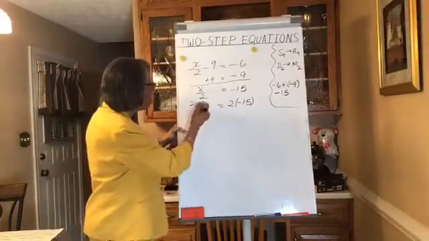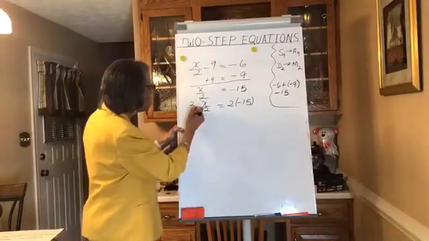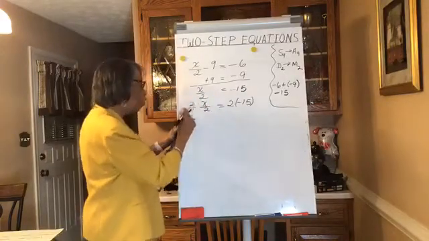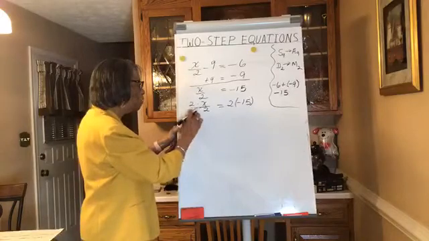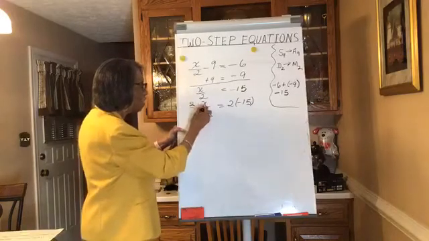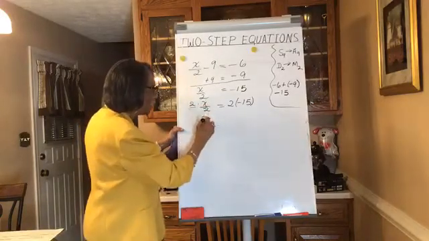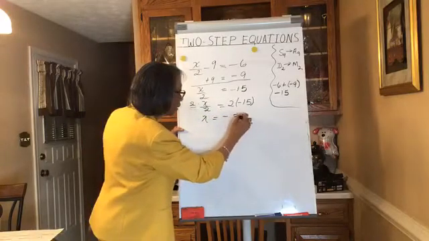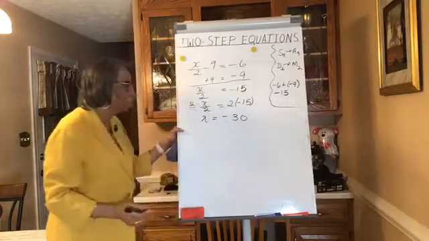Okay, so of course we know we multiply by reciprocals, because this is like 1/2 and this is like 2/1, or when you think of it as just canceling out the 2's, x equals negative 30. Did you get negative 30?